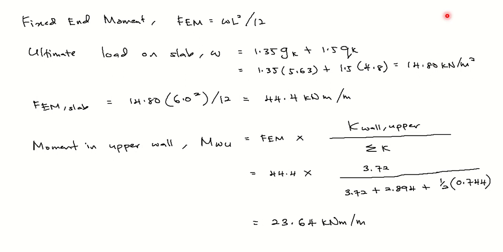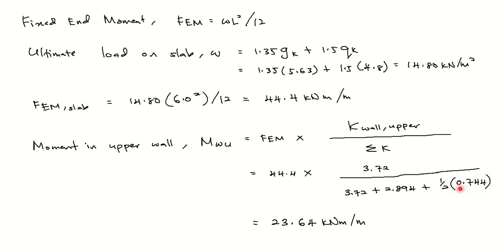We don't have to calculate the value of W. So let's use this 14.80, and the FEM is also the same, because you have the same W and the same L, which is 6 meter, divided by 12, so we can use 44.4 kilonewton per meter. This one will be slightly different, because the K of wall upper or wall lower in that case is 2.894, but for our case we have the same K, 3.72, 3.72.